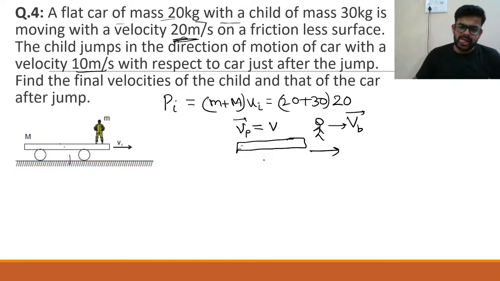Let us consider the final velocity in the rightward direction only; we will get the answer at the end whether it goes right or left, so no need to worry about that.